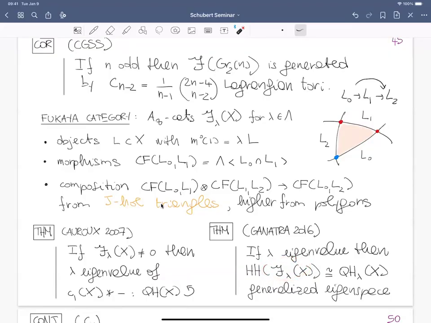If you do that to the Fukaya category with parameter lambda, you recover a certain subring in the quantum cohomology, which is the generalized eigenspace for this eigenvalue lambda of this operator. So this slide is just meant to convey the idea that there's a gadget, the Fukaya category, that generalizes quantum cohomology, and the way is precisely this one.